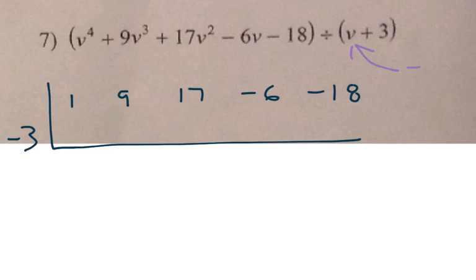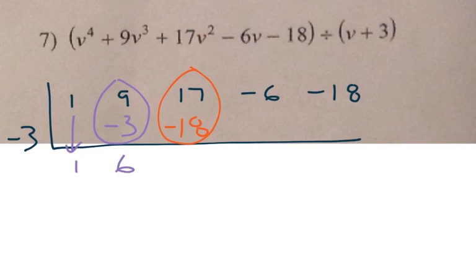So now what? Well, it's really this simple. I'm going to bring down the 1. I'm going to multiply negative 3 times 1. And I'm going to put the negative 3 up there. I know 9 minus 3 is 6. Follow the red this time. I know I'm going to do 6 times negative 3. Negative 18. What's 17 minus 18?